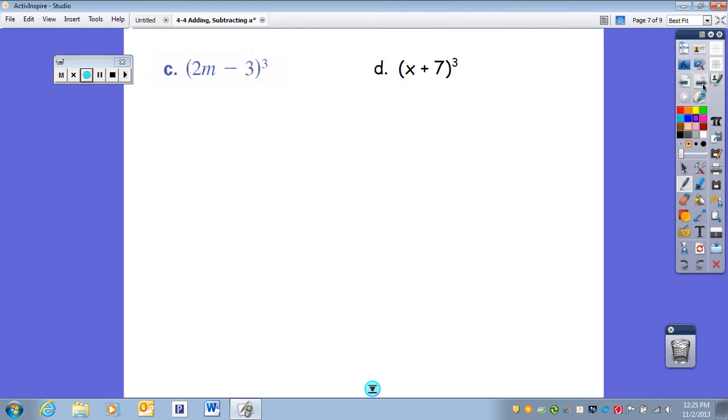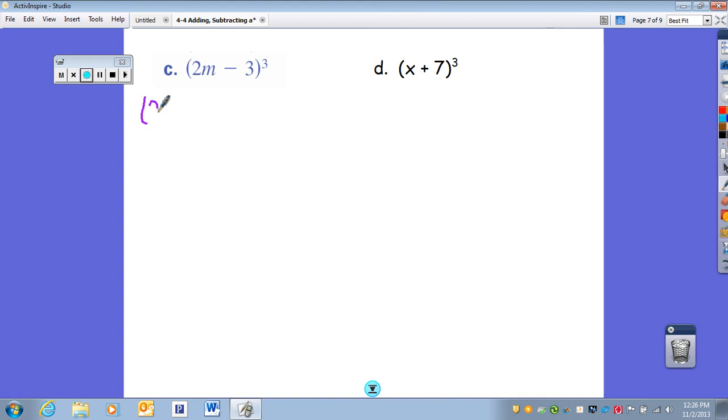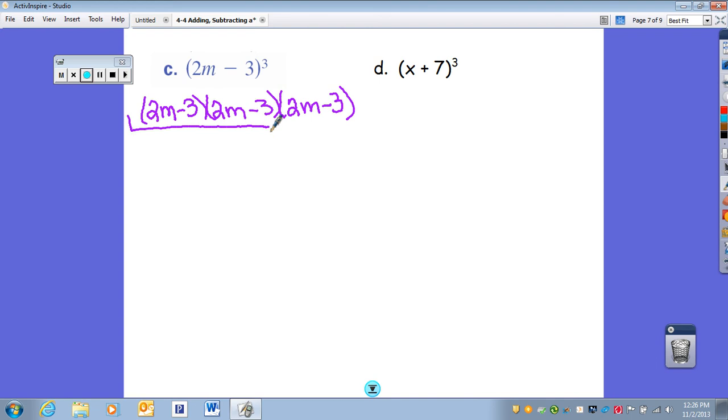In our next example, we have our binomial being cubed, which means we have 3 sets of this binomial. So, as we discussed before, we can multiply 2 at a time together, FOIL those, and then multiply by the third.